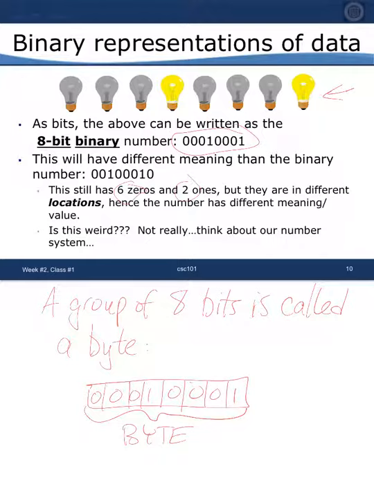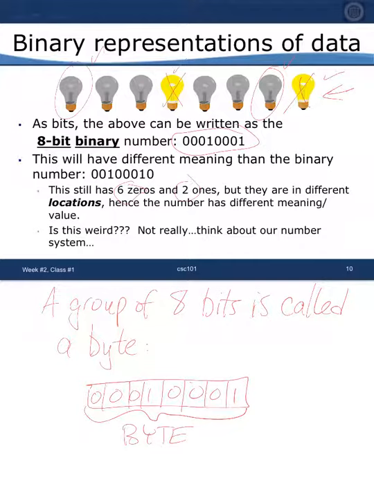If I turned this bulb off and this bulb off, and turned this one on and this one on, I'd still have 2 on and 6 off, but that's probably a different code. A person looking at it would say, oh, they turned the first one on and the next to last one on. That's different than when they turned the last one on and this one on.